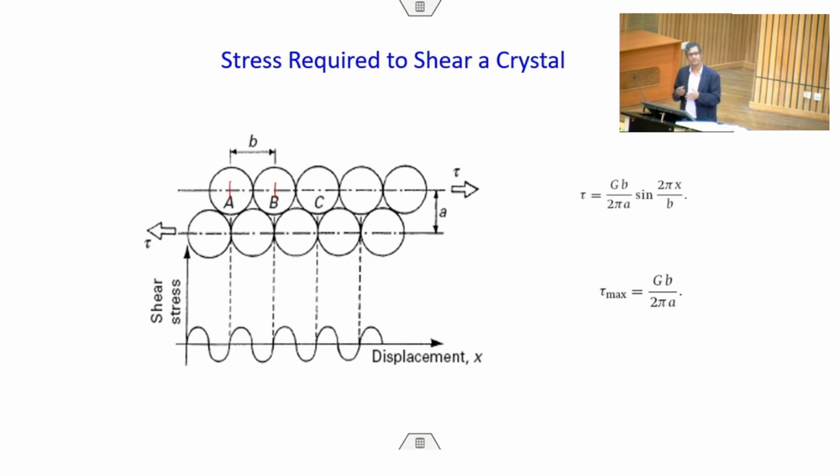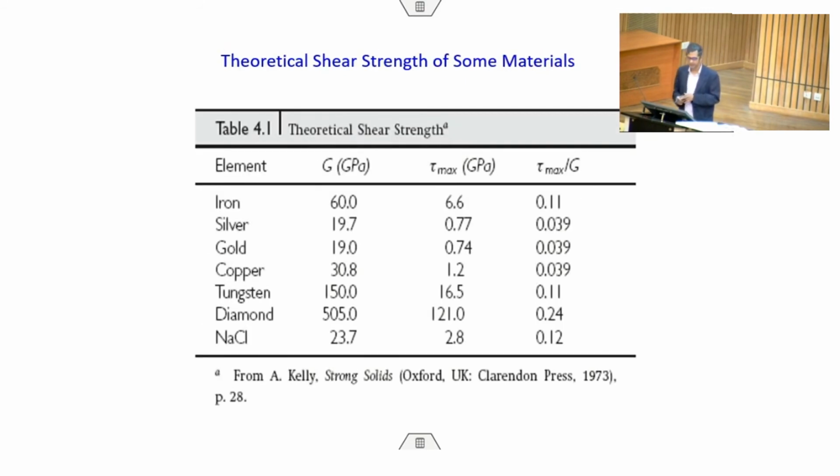So what is actually happening? Why is there a gap between the measured value and the theoretically calculated value based on this model? That is due to the defects in the material. The theoretical shear strength of materials like iron, silver, even diamond and sodium chloride is extremely high, and impossible to reach. This is tabulated by Kelly in his classic book Strong Solids.